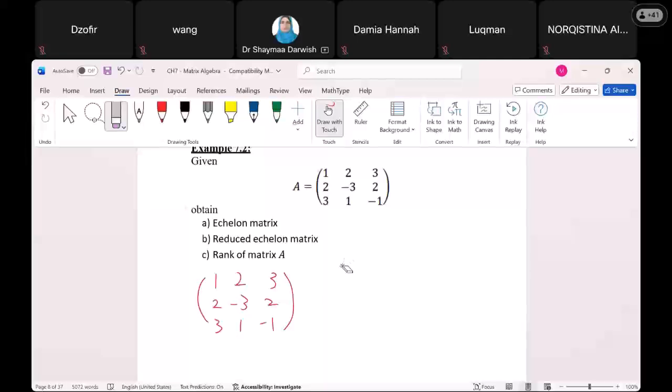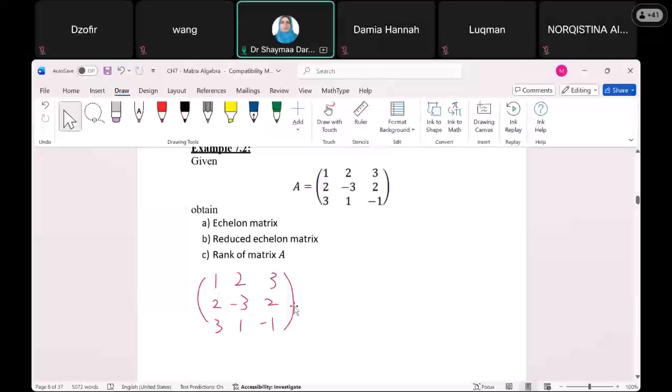So the first and second steps need not be done here. The first step: any all-zero row goes to the bottom. Second step: in the first non-zero row, the first number should be equal to 1. Here it is already ready; the first number on the first row is 1.